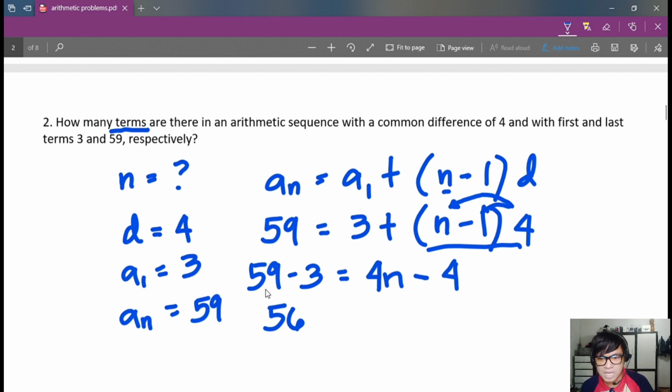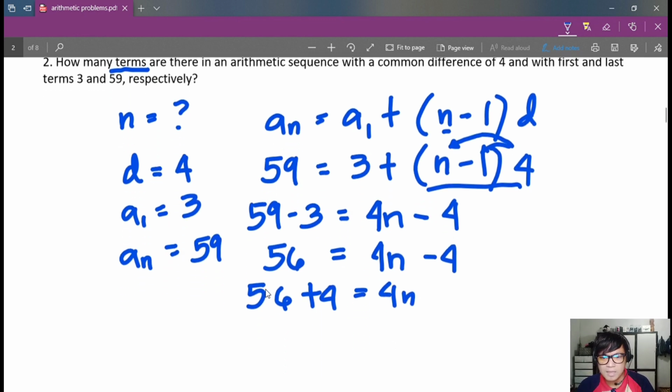56 is equal to 4n minus 4. So, ito siya, pwede siyang ilipat sa kabila. 56 plus 4 is equal to 4n. Okay? So, 56 plus 4 is 60 is equal to 4n.